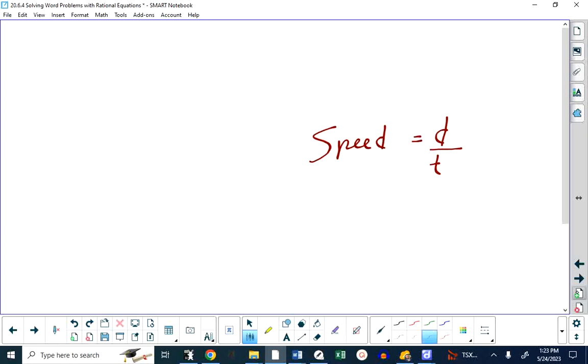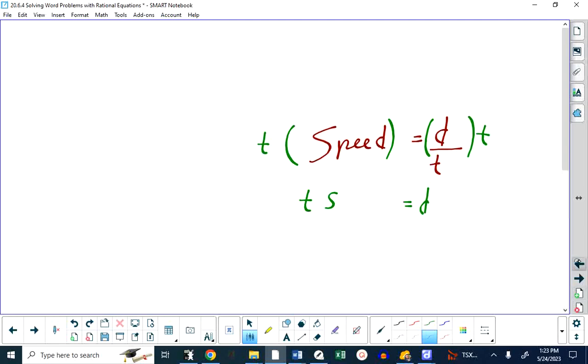If I multiply both sides of this by t, which strangely enough, this is a rational equation. It's got a denominator. If I multiply both sides by t, I get distance equals speed times time. I'll use s for speed. You can use v for speed if you like.